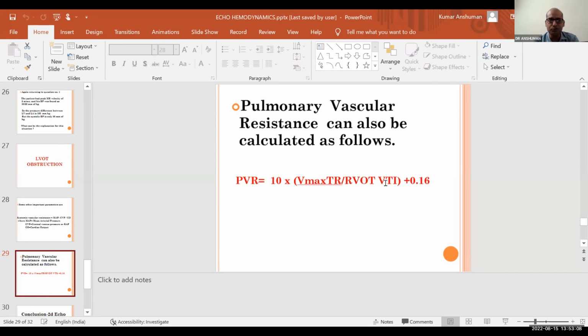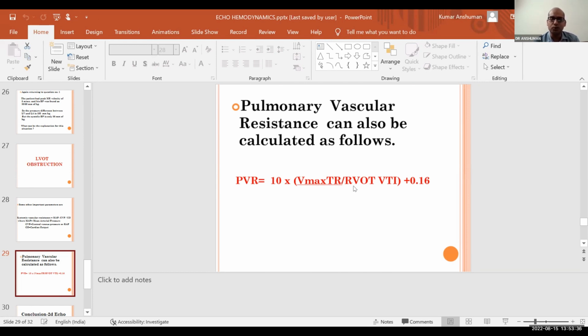Now, how is this Vmax TR calculated? Again, the same principle. TR is a high-end velocity. So you just apply the continuity wave at the tricuspid valve. You get a large tracing. You take the peak of that, which is the maximum velocity of the TR, and you just note it down.